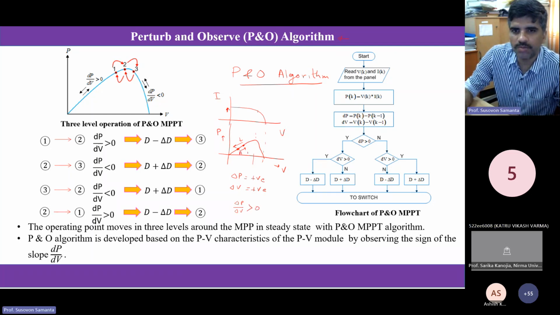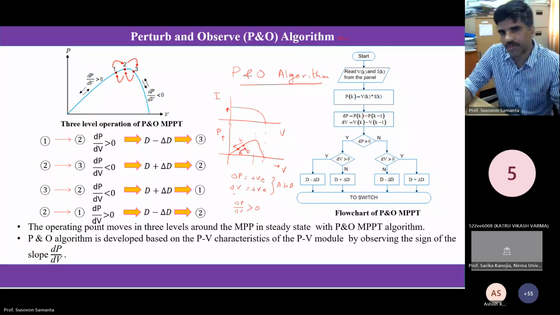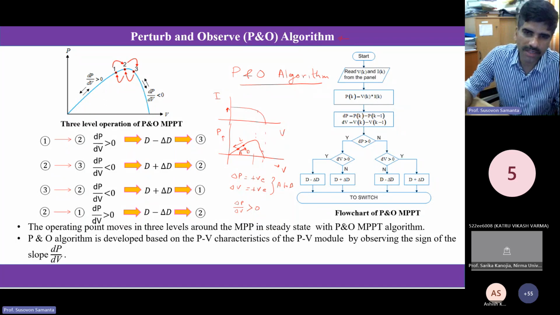If I go from A to B, both are positive, and if I go from B to A, both are negative, but the slope is positive.